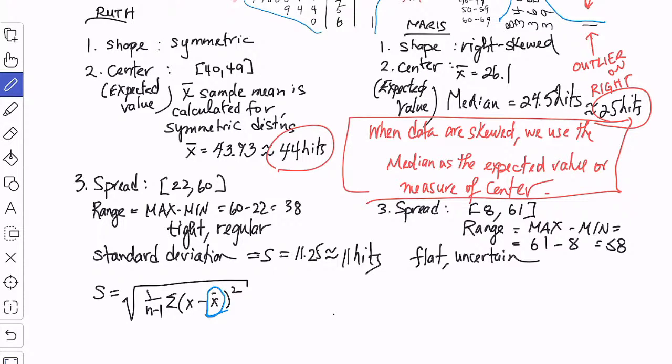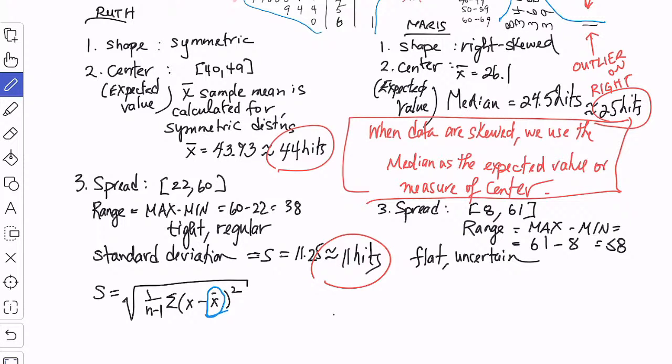Since the sample mean is part of S, then the same problems inherent in the sample mean will affect S. In this case, there's no problem because the sample mean is used as the expected value, so we can use S as the measure of spread.